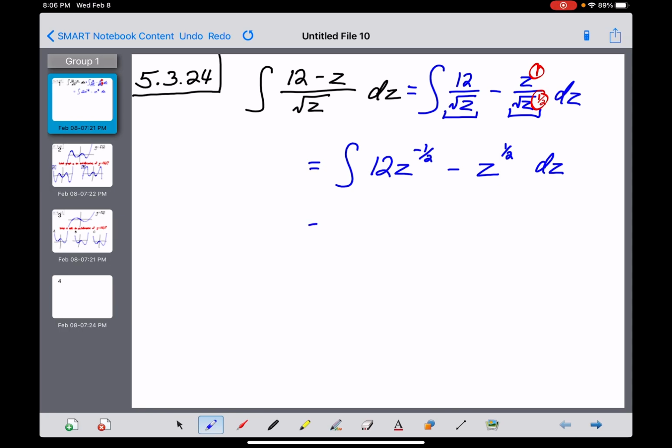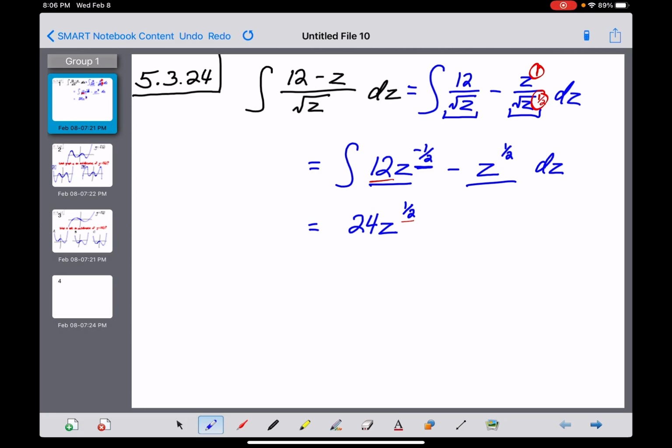We can simply reverse the power rule to take the antiderivative of each of these two terms. So here we go. In the first term, we take z, we increase the power by 1, so negative 1/2 plus 1 is now a positive 1/2, and then we take the old coefficient and divide it by the new exponent. Well, dividing by 1/2 is the same as multiplying by 2. That'll give us 24z to the 1/2.